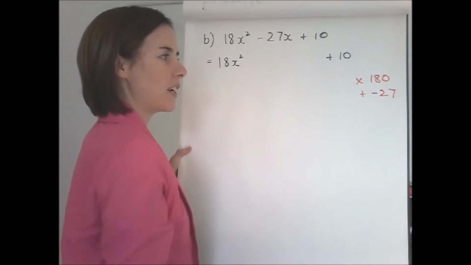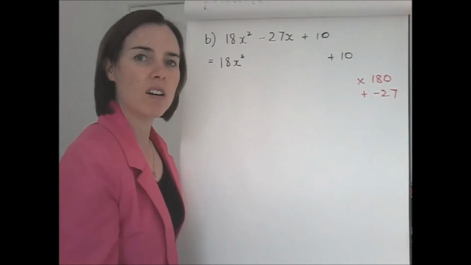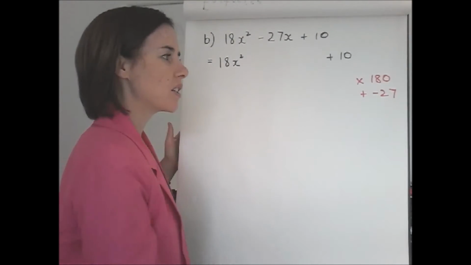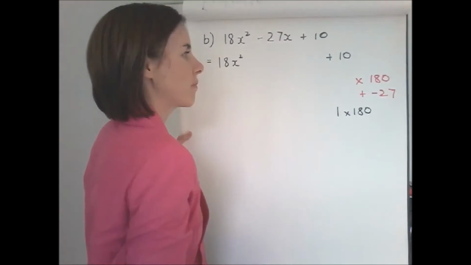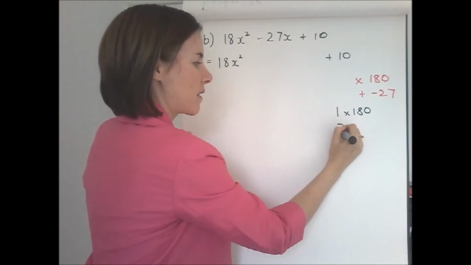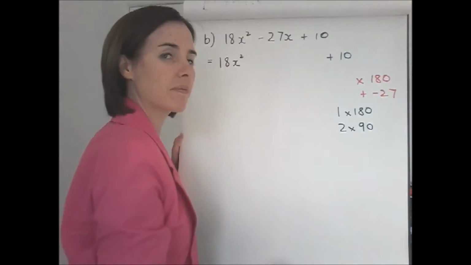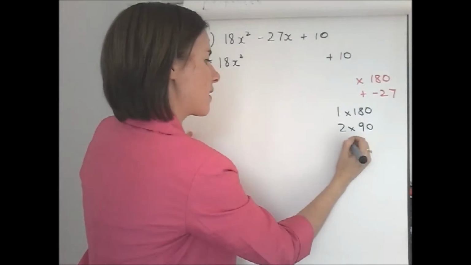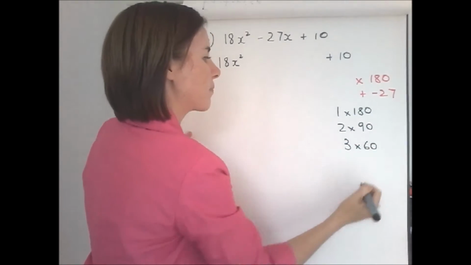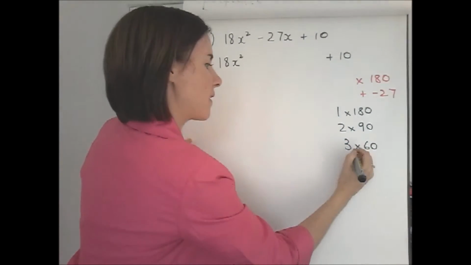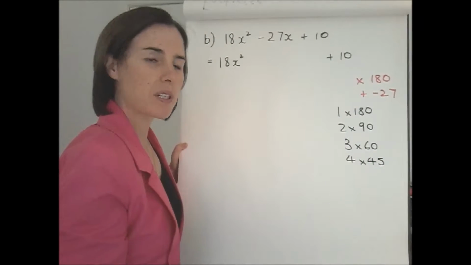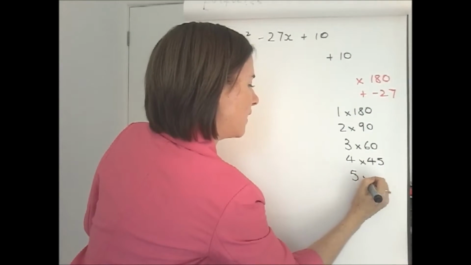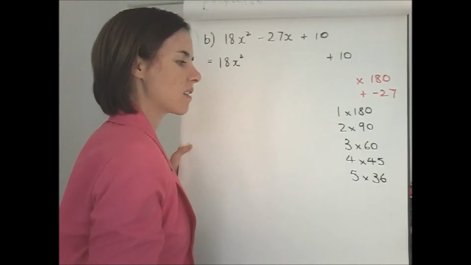Let's find as many factors as we possibly can of 180. Does 1 go in? Yes, 1 times 180. Does 2 go in? Yes, 2 times 90. Does 3 go in? Yes, 3 times 60. 4? Yes, 4 times 45. Does 5 go into 180? Yes, 5 times 36.